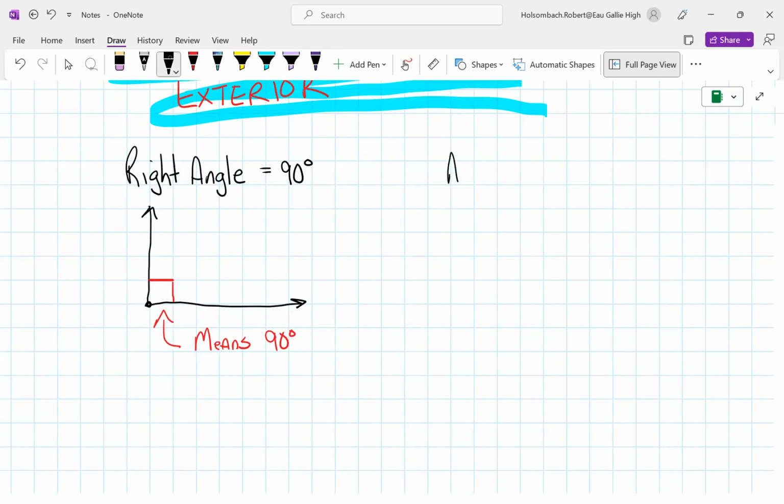An acute angle measures less than 90 degrees. So anything that measured less than 90 degrees, an example would look something like this.